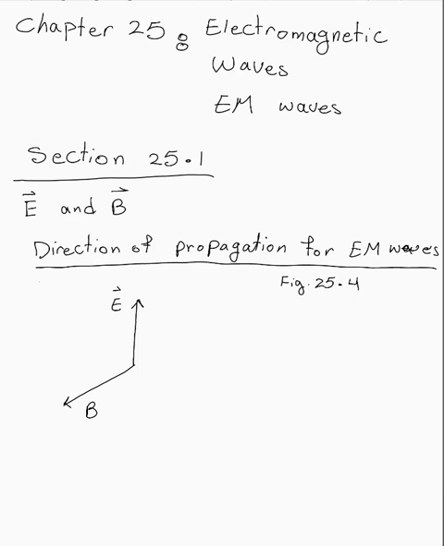Now, if you look at figure 25.4 in your book, the coordinate that the book is using is that this is the positive x, this is the positive y, and this is the positive z direction. So this is the coordinate.